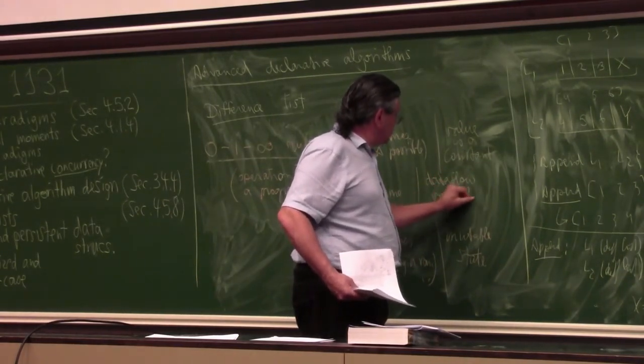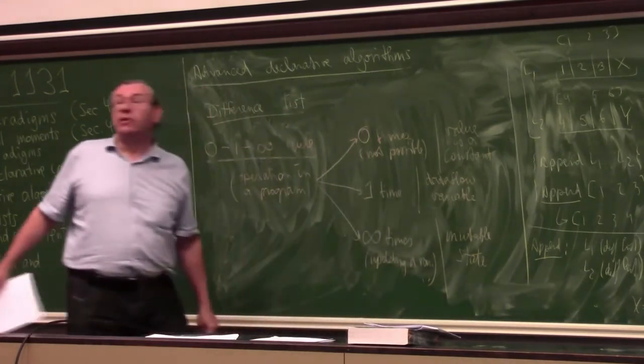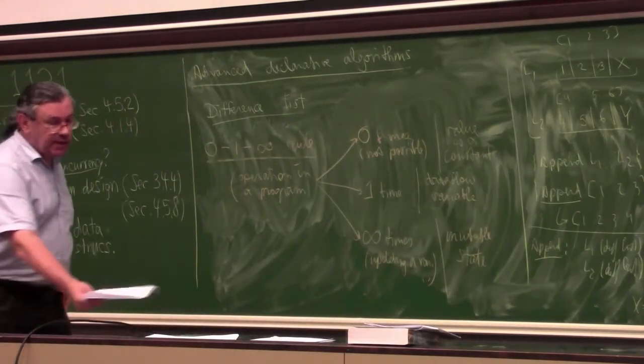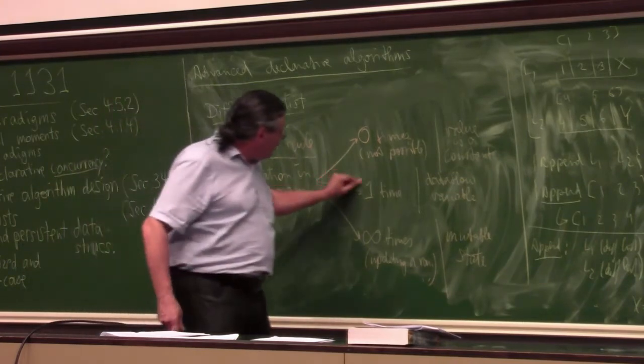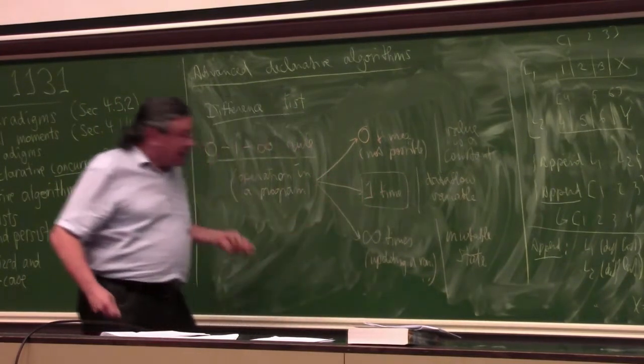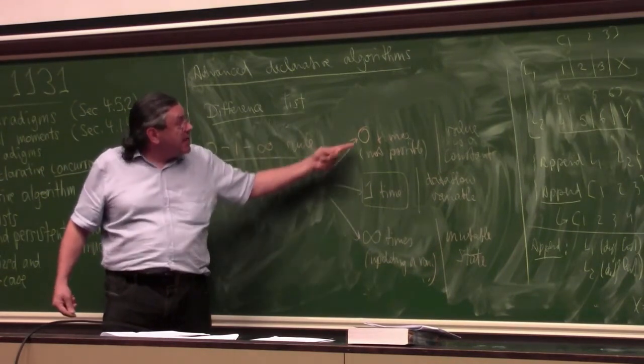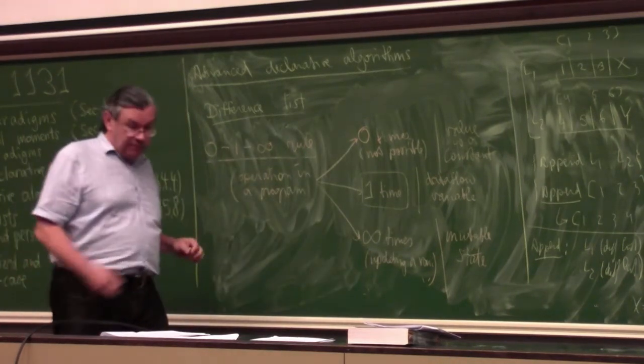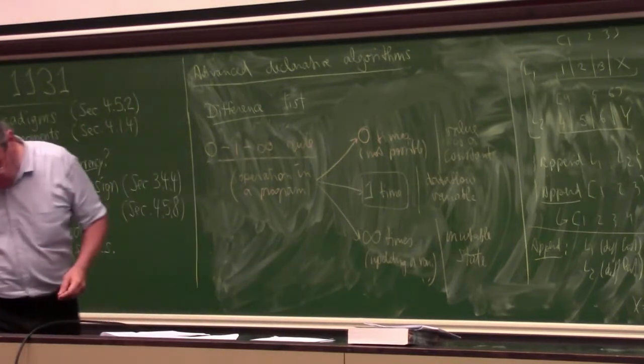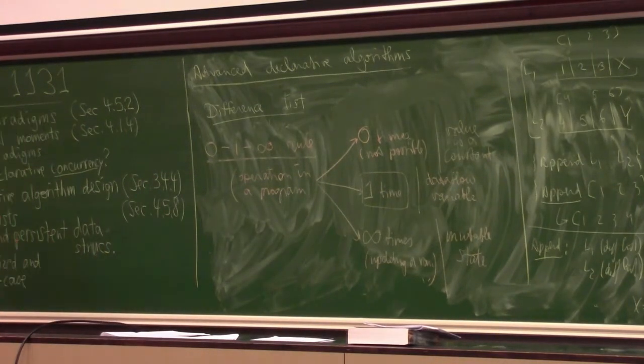So the difference list is using this. So what we can see is that doing once gets part of the advantage of mutable state, and it keeps the advantages of declarative. Okay? So let me write that down in a different color.